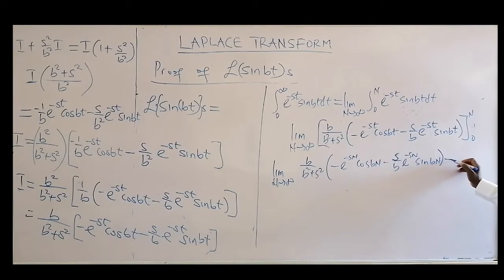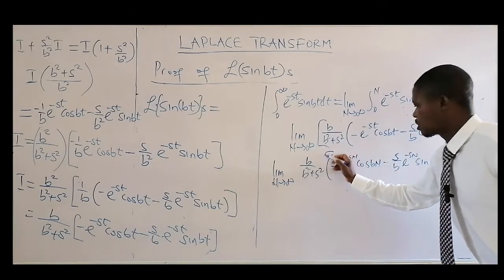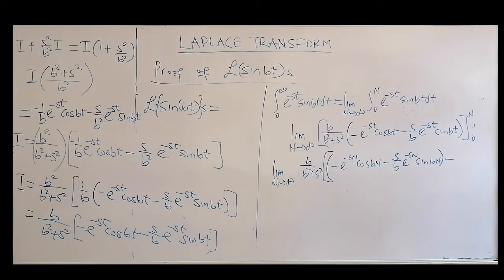Then minus the lower boundary. You can close like this. Put 0 there. If you put 0 there, sine 0 is gone for the lower boundary. When t is 0, here you have minus 1, and minus that one becomes plus 1.